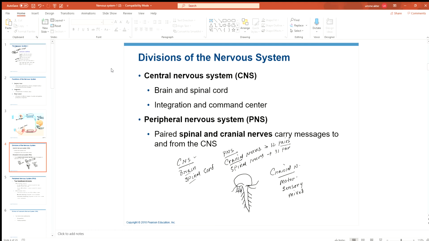Those are the motor nerves. And those cranial nerves that take the signal towards the brain are the sensory cranial nerves. And in some nerves, you have both types of fibers or branches, sensory as well as motor. So those are mixed type nerves.